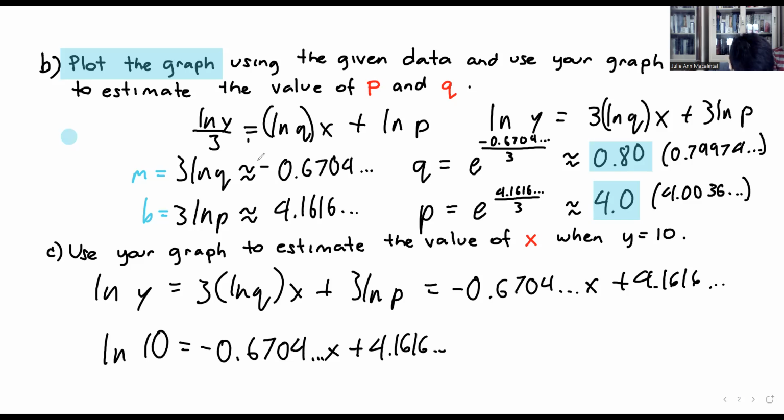Write everything there, so the viewers can appreciate your solution. So it's like ln 10 over 4.1616. Oh wait, how do I do this?